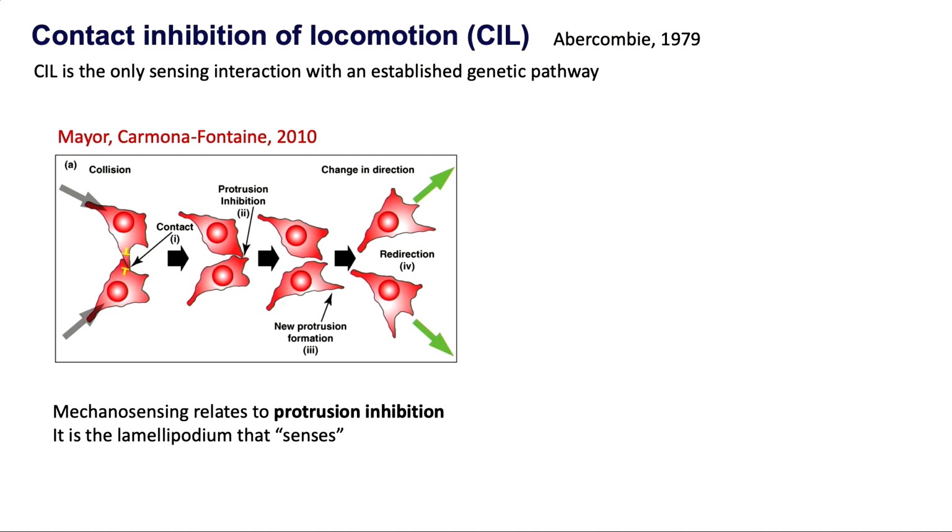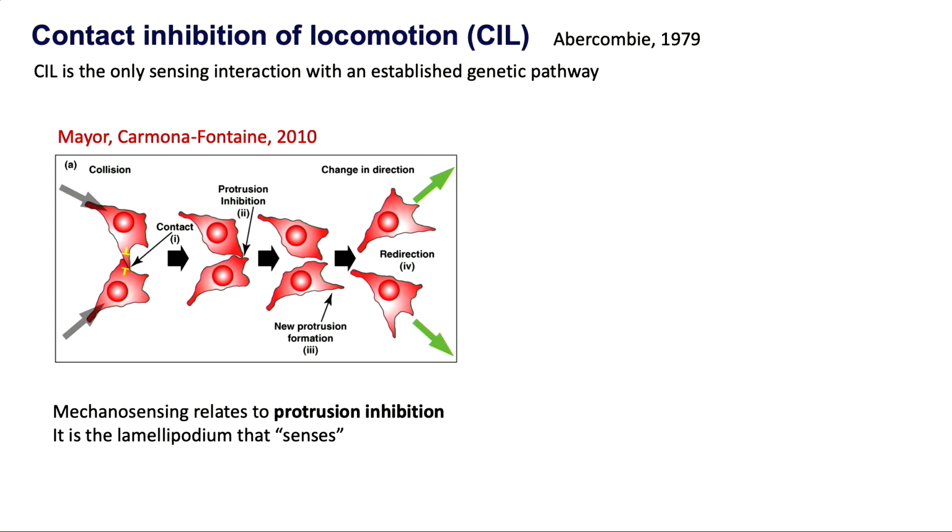Many sensing mechanisms have been proposed in the community, but when you dig down and ask what is the sensing mechanism that has been experimentally proven, in the sense that it's known precisely what biological pathways are activated during sensing and then cause a mechanical response, well, this is essentially the only one. There is also contact inhibition of reproduction. This is the reason why we only introduced this one in the model.